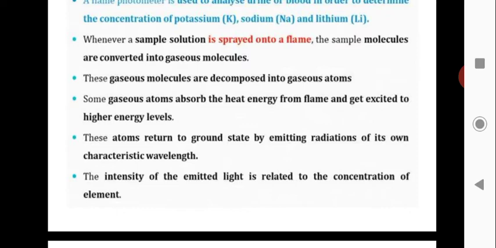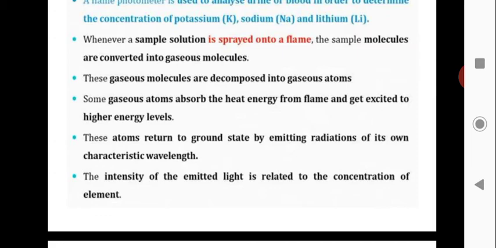That is, say you have a blood sample. This blood sample is diluted and sprayed into the flame. Once it is diluted and sprayed into the flame, what happens? It is converted into the gaseous state. From that gaseous state, a particular atom will absorb this heat energy and pass to the higher energy levels, where it is unstable.